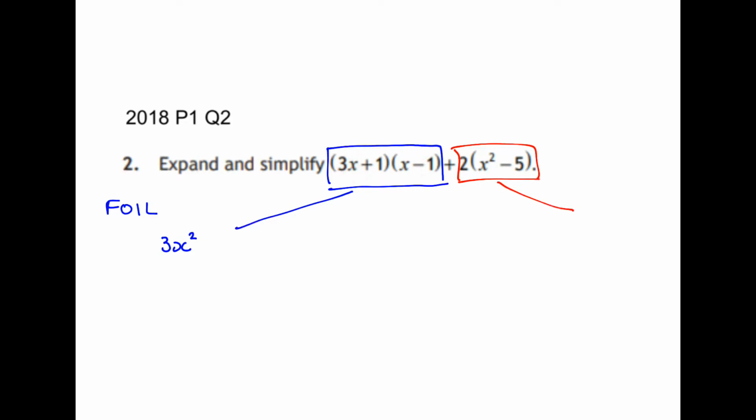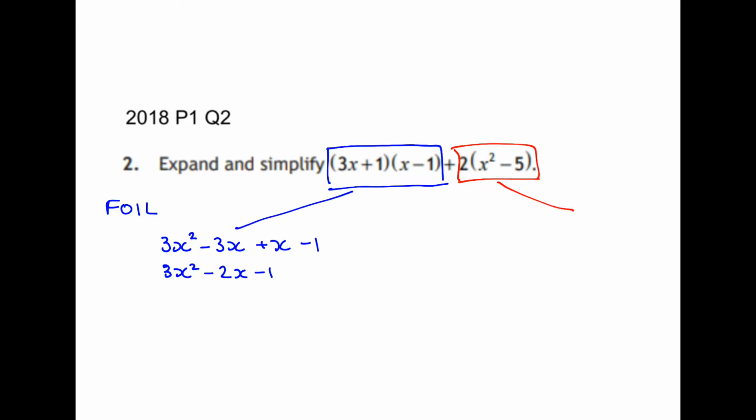We've got positive 3x times negative 1 gives us minus 3x. Then the insides, we've got 1 times x, so that's plus x. And then the lasts, that one and that one, gives us positive 1 times negative 1 is negative 1. Let's just tidy that up. So that gives us 3x squared minus 2x minus 1.